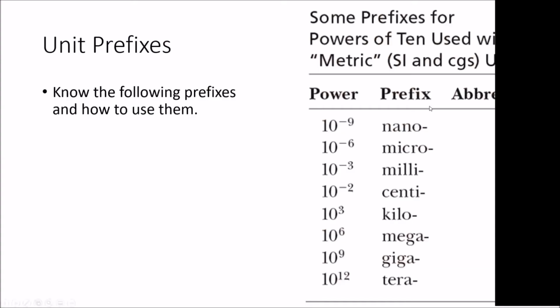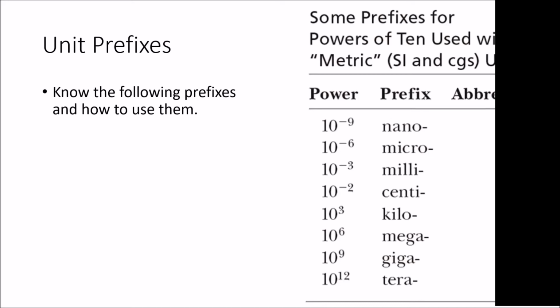Now, we've got unit prefixes. We were talking about this a little bit earlier, but here is a bunch of unit prefixes that you need to know. I'd say memorize, but because you'll have access to all the books and all your notes and everything, you'll at least have access to them on tests. Memorizing these I still recommend.